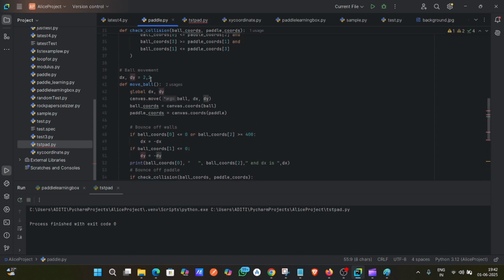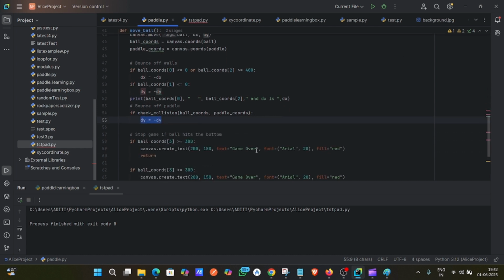So dy will become minus 2 now. So it will keep going in the upward direction by two places. And we have already taken care of the problem where if it collides with the upper roof, it will automatically bounce down. We already discussed that logic.